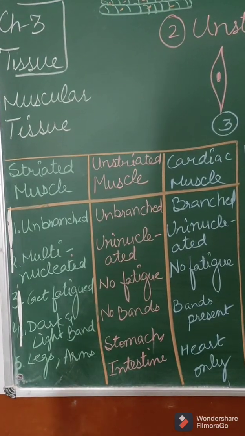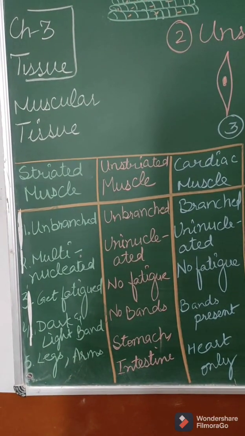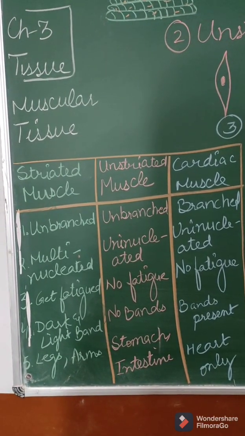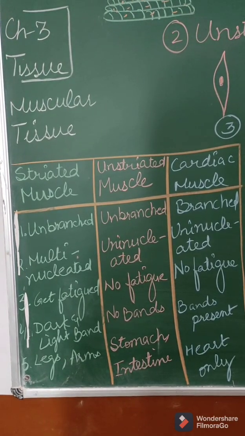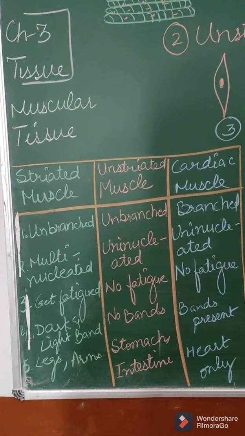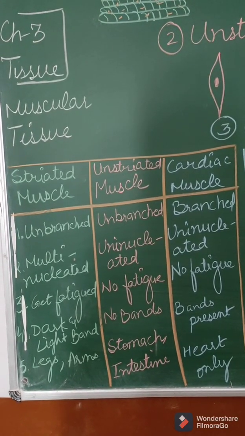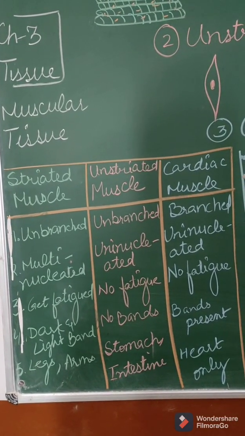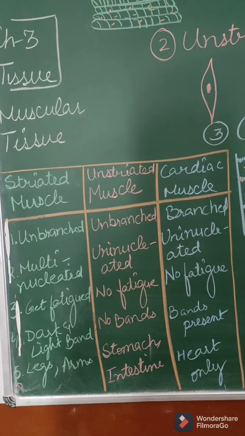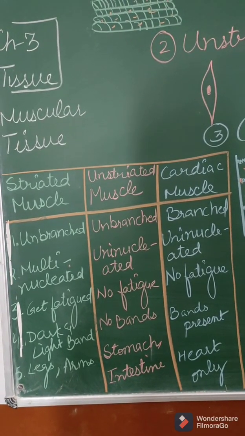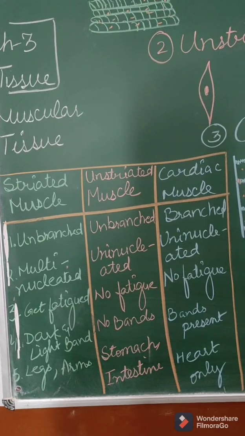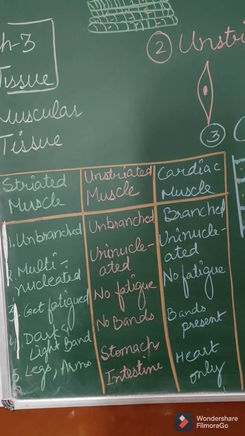In the last point, these are examples of all the different types of muscles. Striated muscle is found in legs, arms, your tongue. So basically these muscles help you to work according to your will. This is the reason they are also known as voluntary muscles.